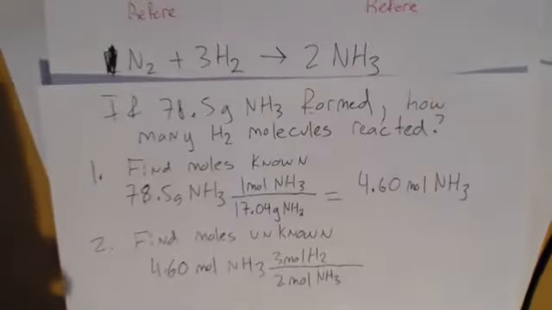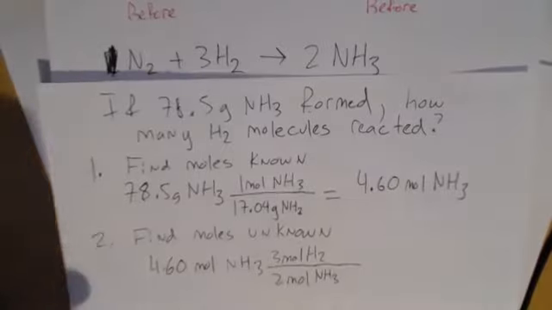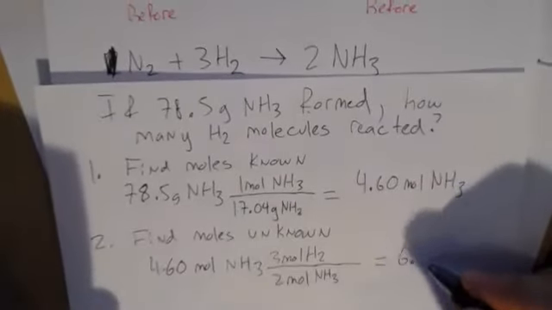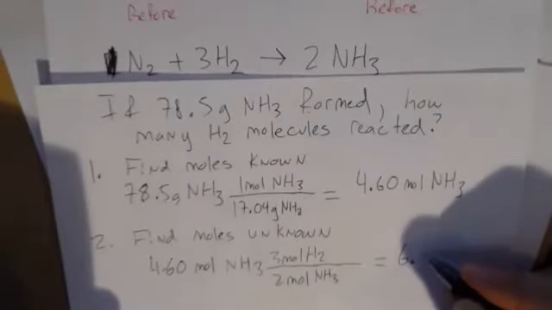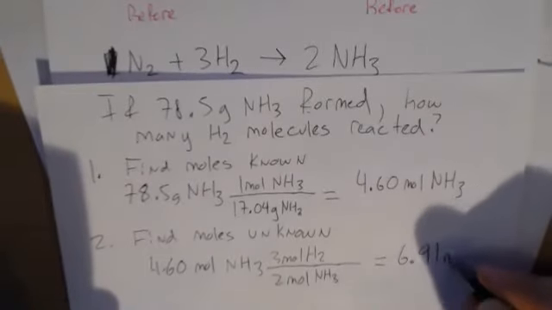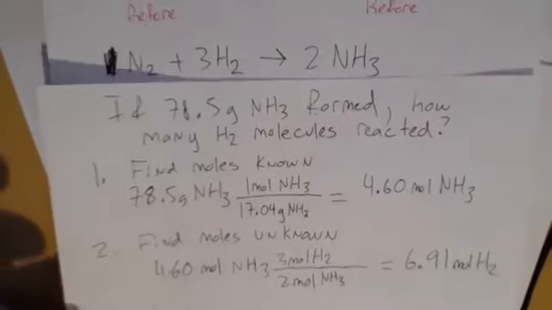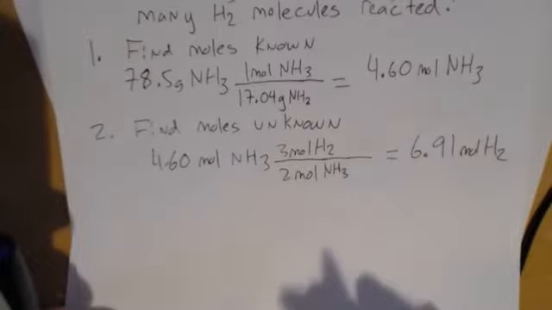So times 3 divided by 2, and with my unrounded version, I get 6.91 moles of hydrogen. Yeah? Okay.